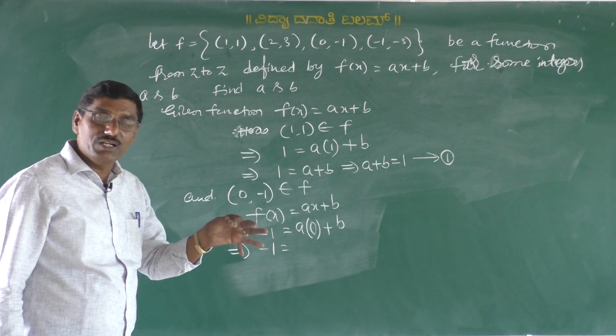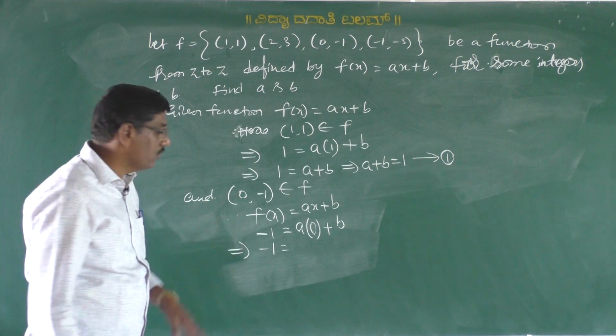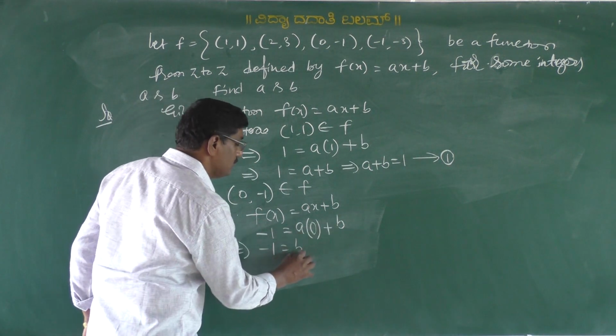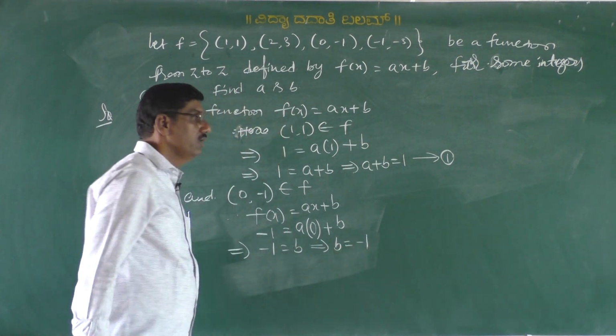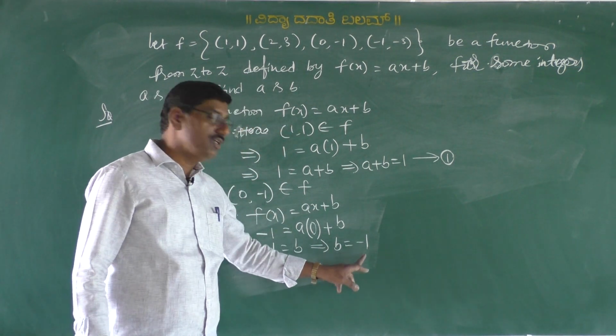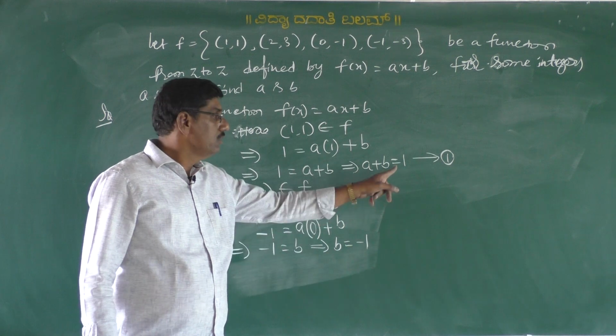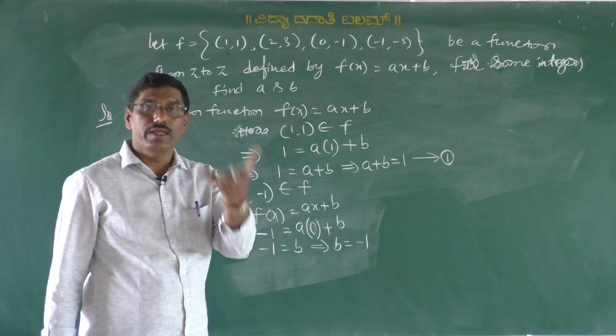Any number multiplied by 0 is 0, so b = -1.